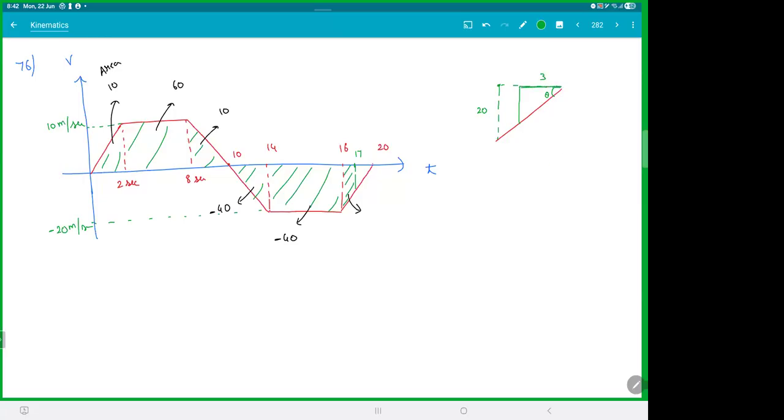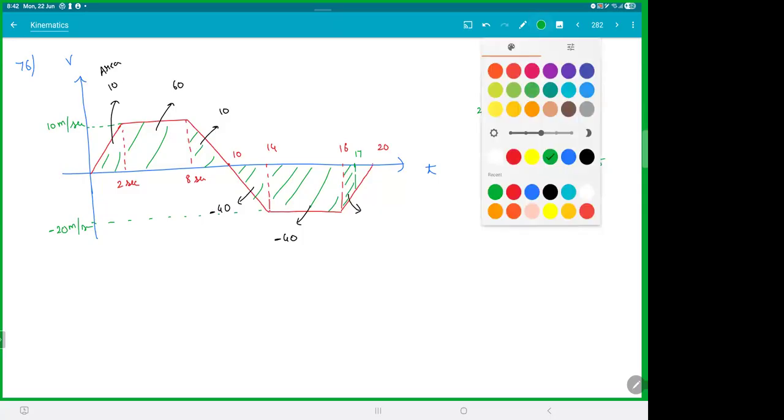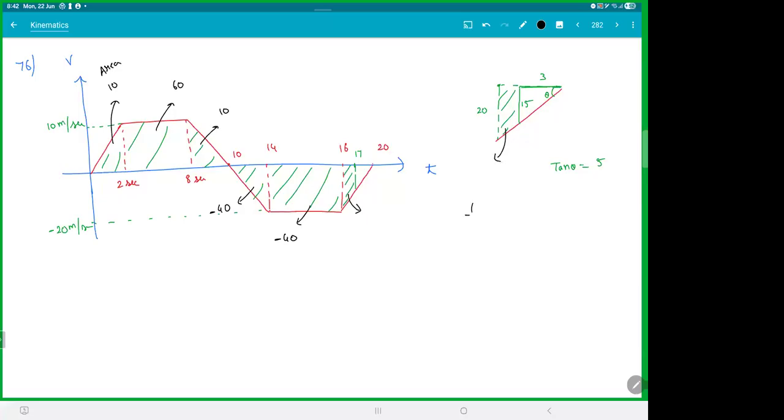This base would be 3. So tan theta was 5. And that would be 15. So that height is 15. So that area of a trapezium will be half. This base is 1 unit into sum of the parallel sides. That would be 35 by 2 minus. So you just have to create triangles and rectangles and one trapezium and finish it off.